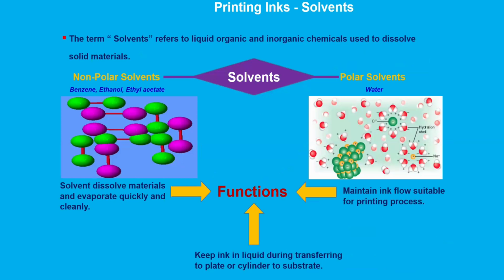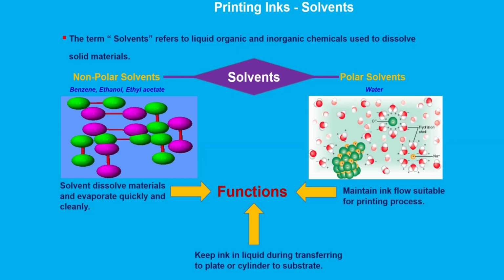The fourth component of ink is solvents. We divide all solvents into two types: non-polar solvents and polar solvents. The non-polar solvents are like benzene, ethanol, and ethyl esters, and the polar solvent is water. So why do we use solvents in the inks?